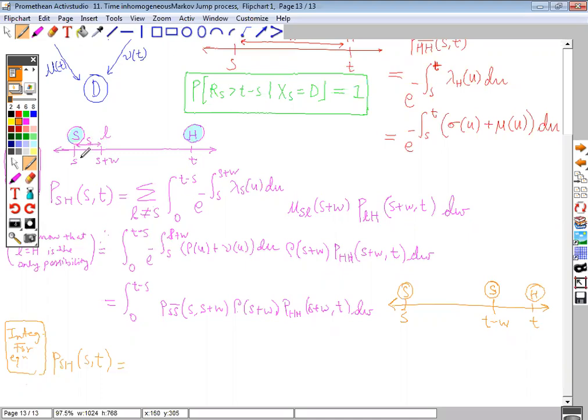This L couldn't be S. And here when we're making the jump, again it cannot be equal to our end state here, which is H, where we expect this process to stay for this time. Okay, so now tell me, what should I write here? The expression here.